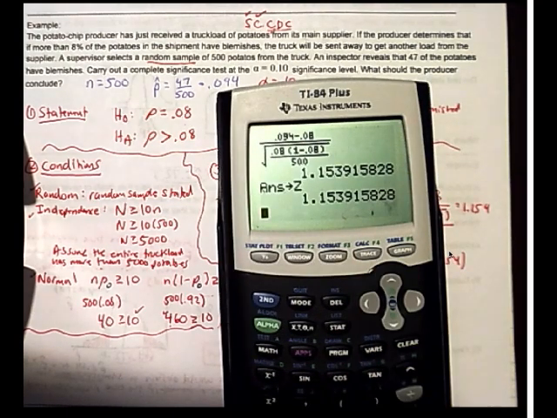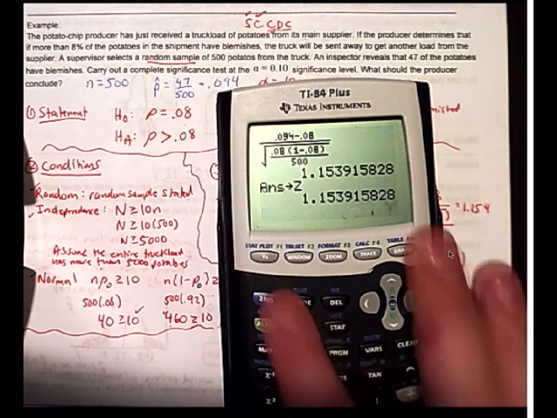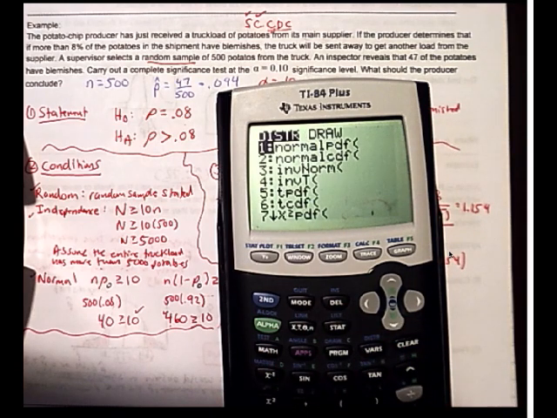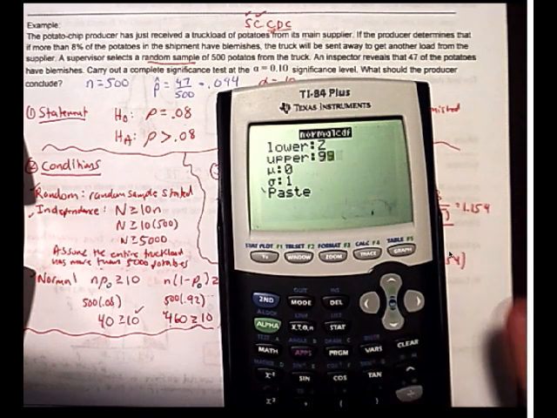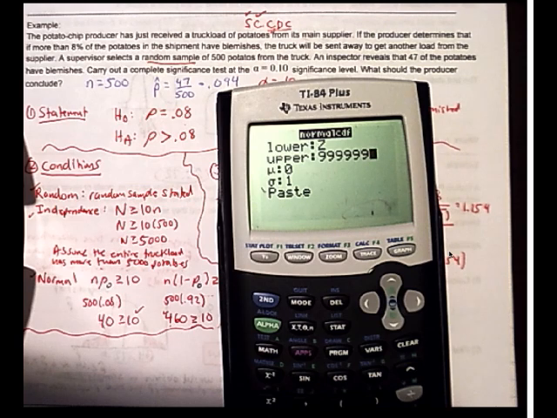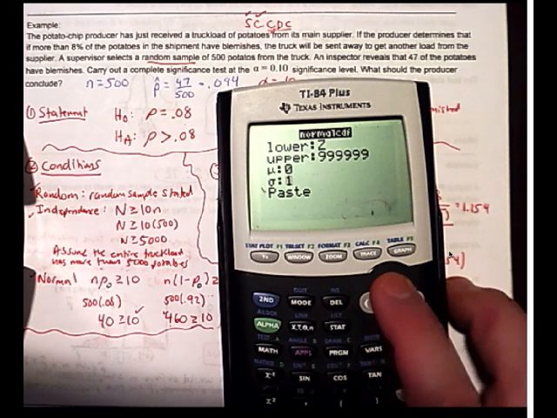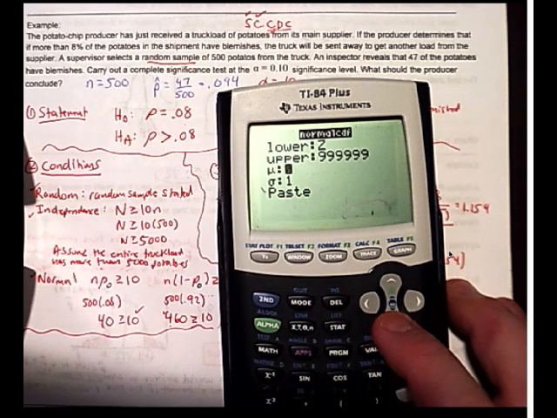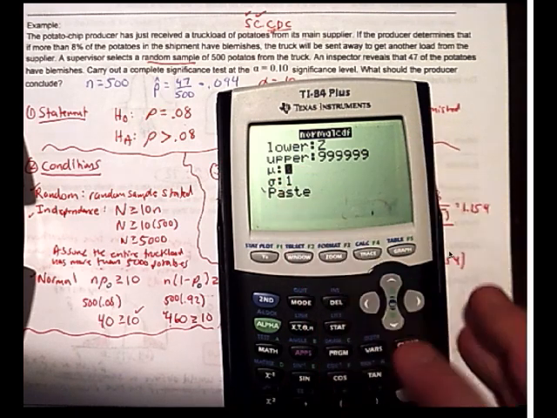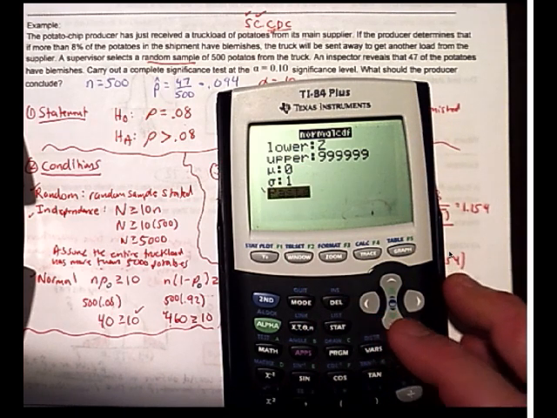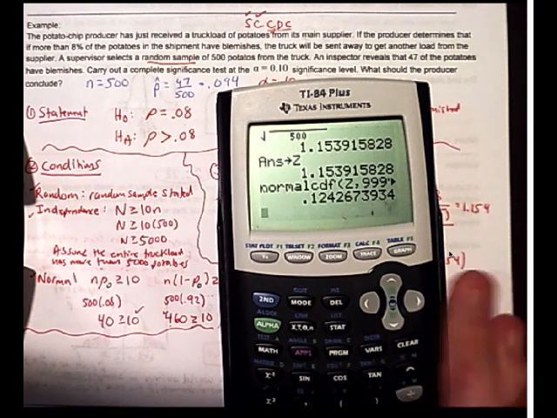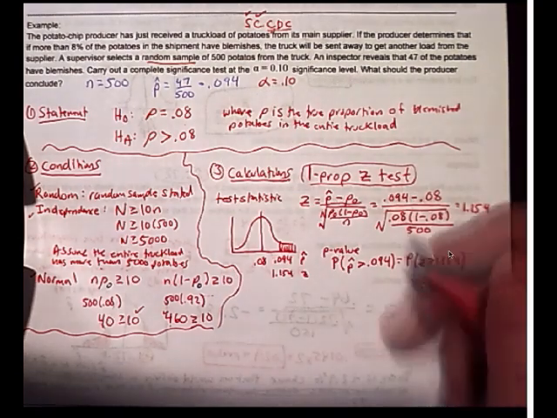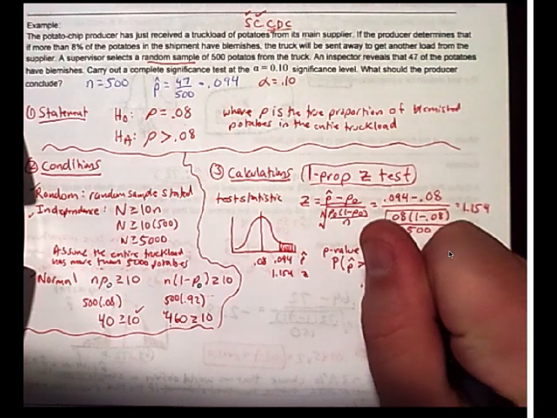In a standard normal curve, we can go to our normal CDF. We can say the lower starts at z, it goes up to infinity, and on the standard normal curve, the mean is 0 and the standard deviation is 1. All right, we can paste 0.124. So the p-value is 0.124.